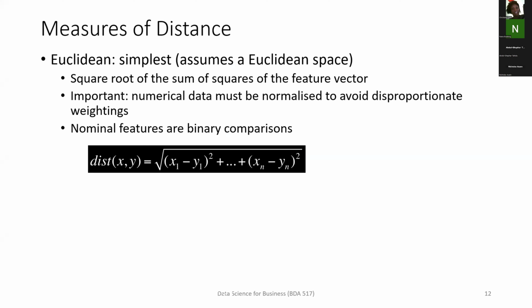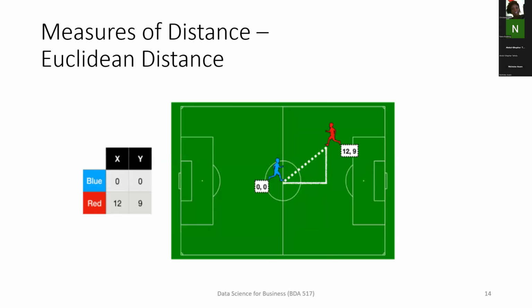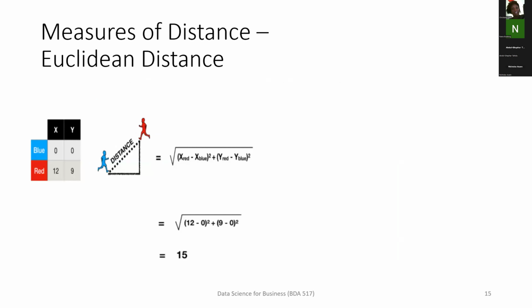It doesn't matter because you are going to square it. It doesn't really matter which one comes first. When you square it, you get the same answer. Okay. So the main thing is just know the formula. When you put it in there, it gives you the 15.